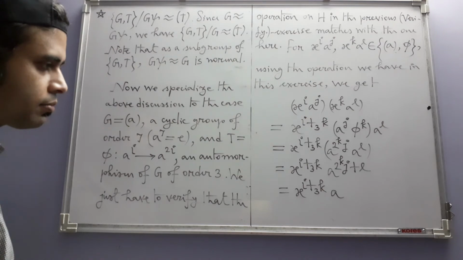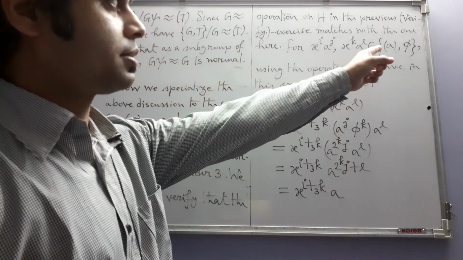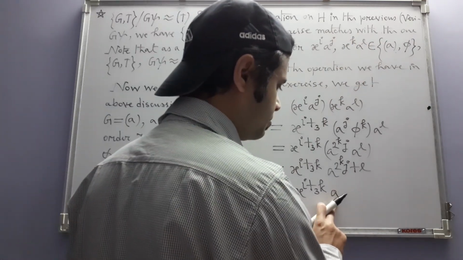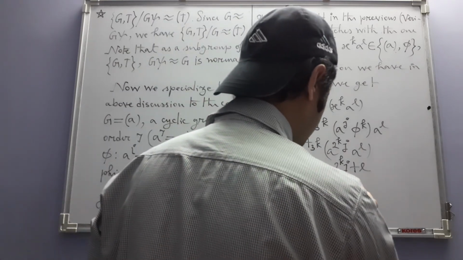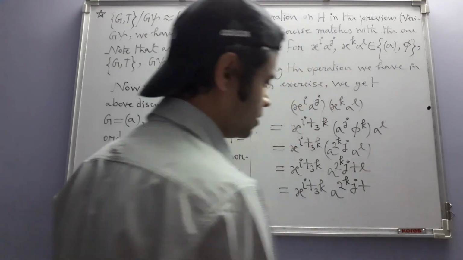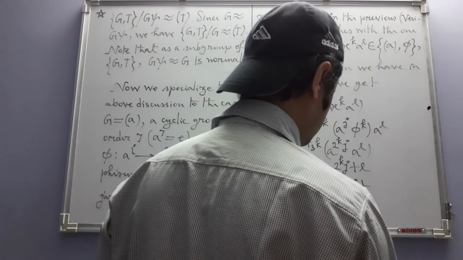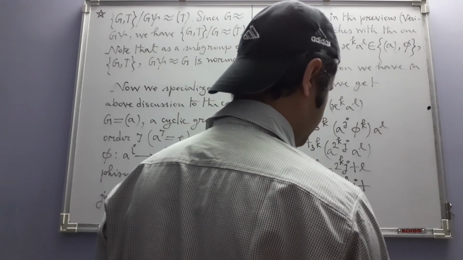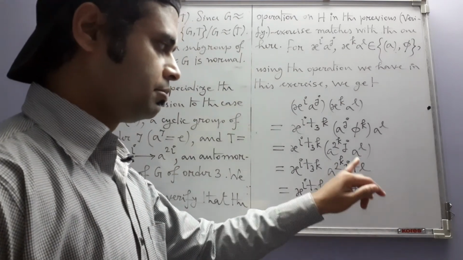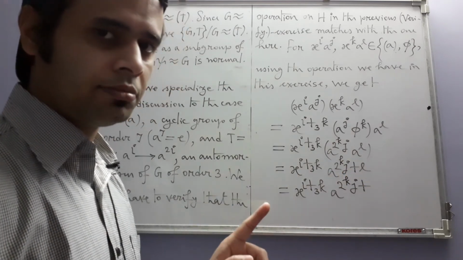Now since this is a cyclic group of order 7 and a has order 7, in place of this plus we can write that other plus, which gives us the remainder when this exponent is divided by 7.